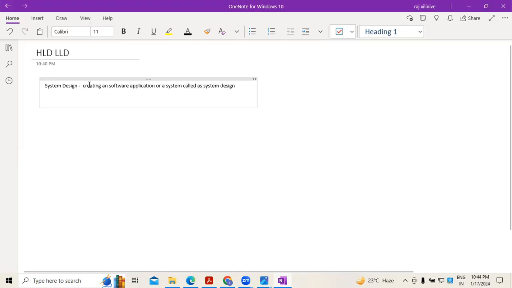So whenever we are going to create any system design, especially from the architectural perspective, the following points or factors need to be considered as follows.